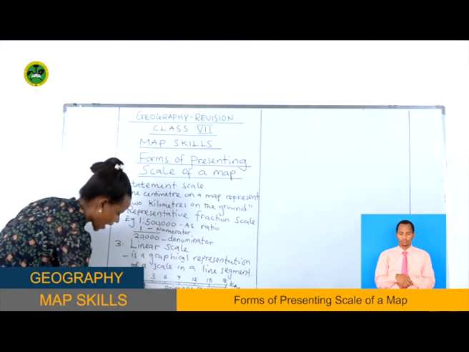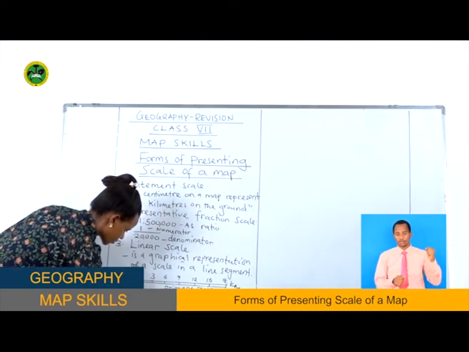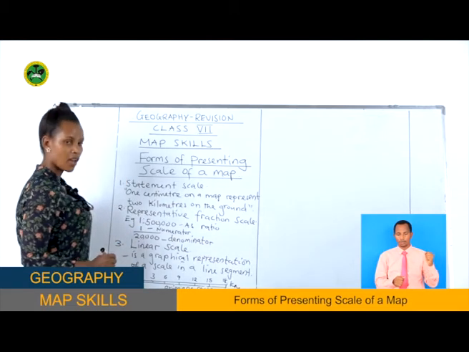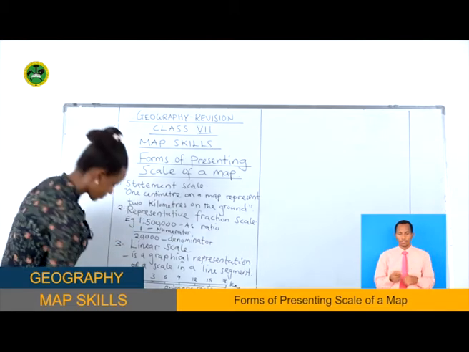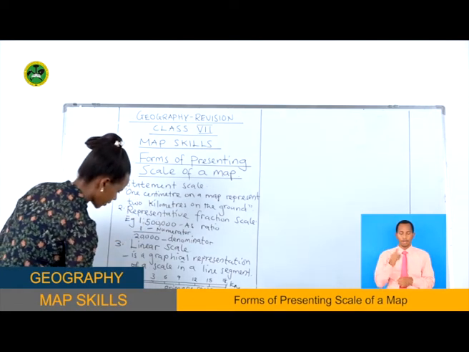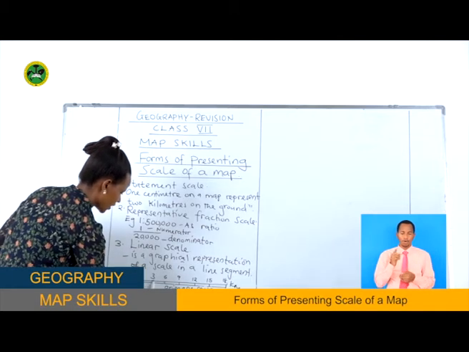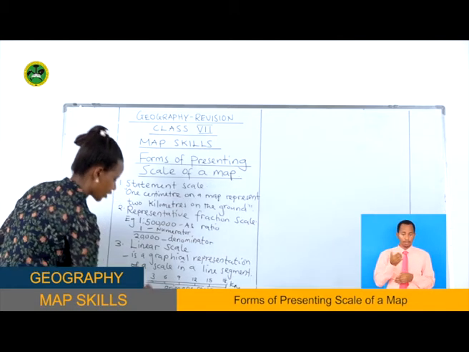Then from the 0 mark, going left hand side, this portion of 1 centimeter is divided into 2 sides. Then this scale means 1 centimeter represents 3 kilometers.